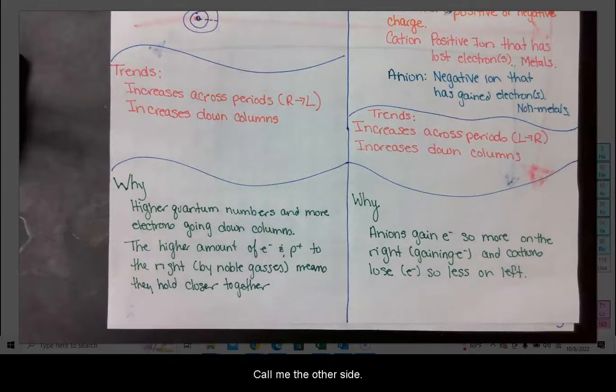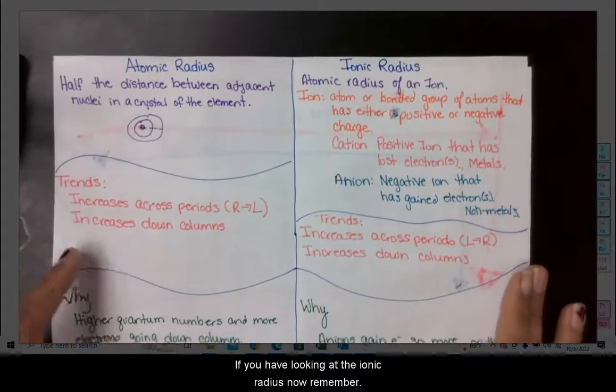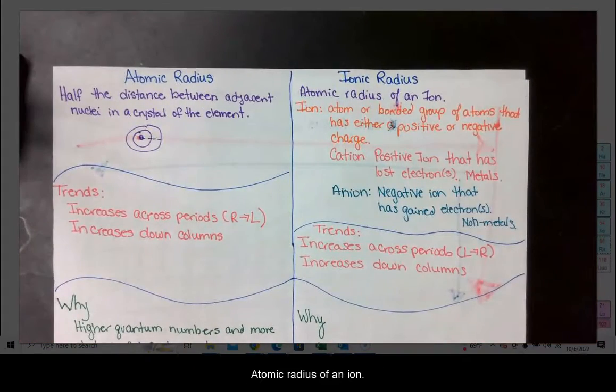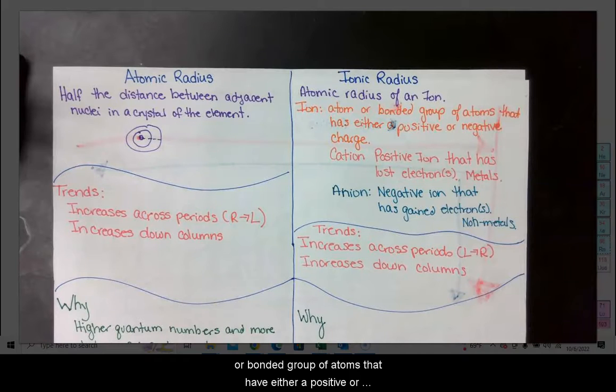On the other side, looking at the ionic radius, now remember, that's the atomic radius of an ion, that trend is important because it helps you visualize what's really happening when we talk about ions. So please remember, an ion is an atom or bonded group of atoms that have either a positive or negative charge.